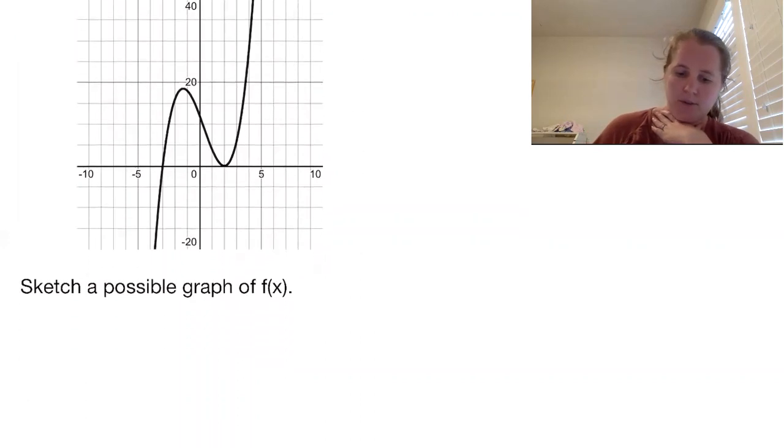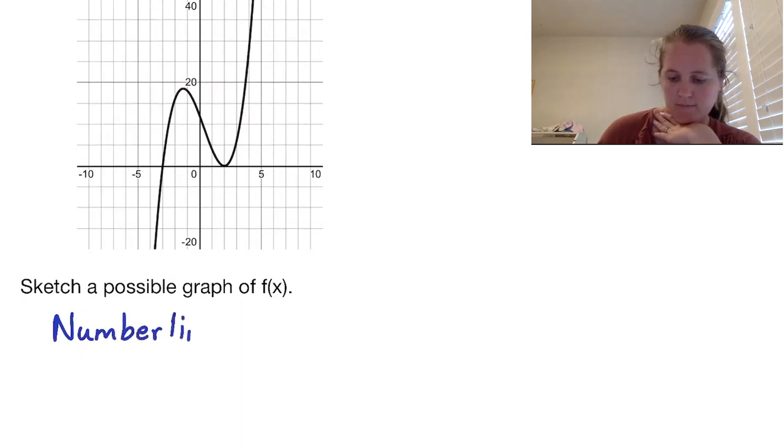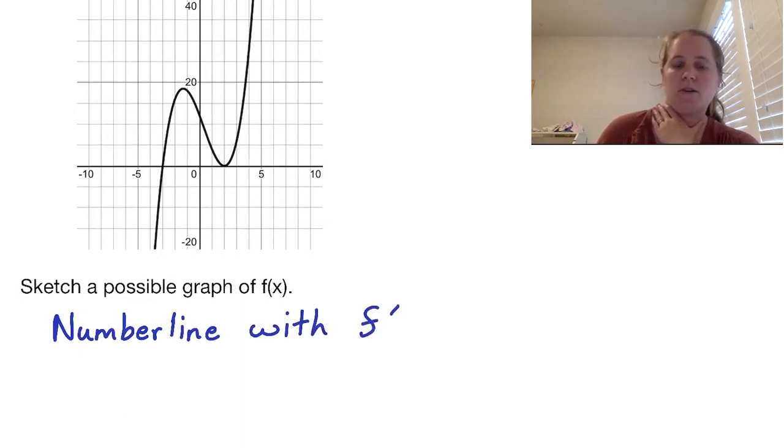So for our number line for f prime, again, we want to know the critical values of f.